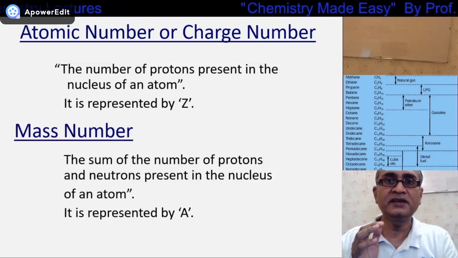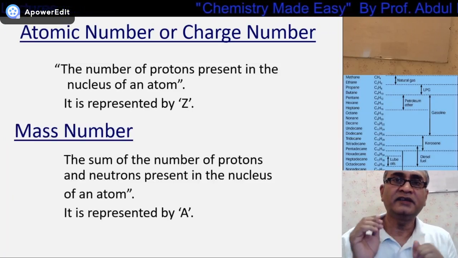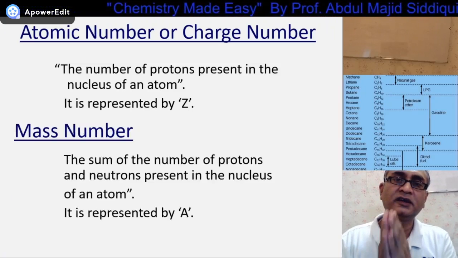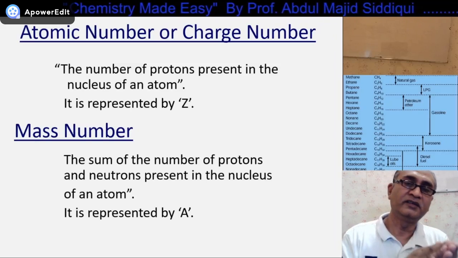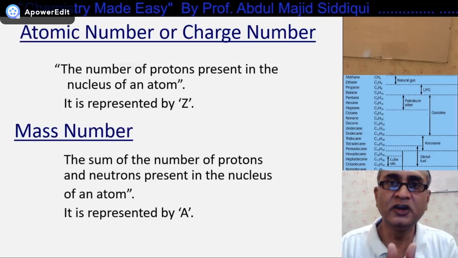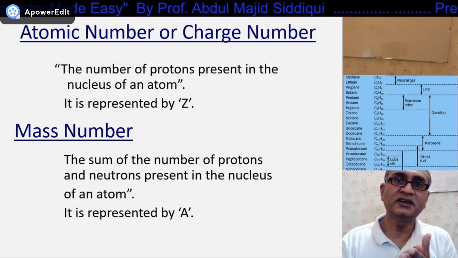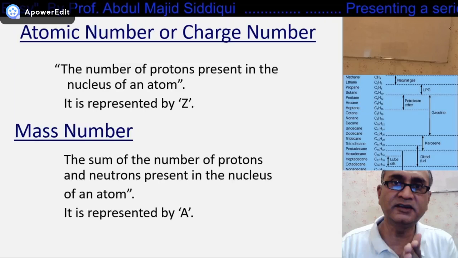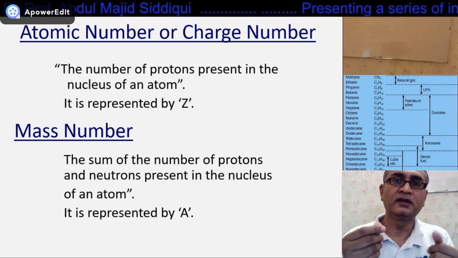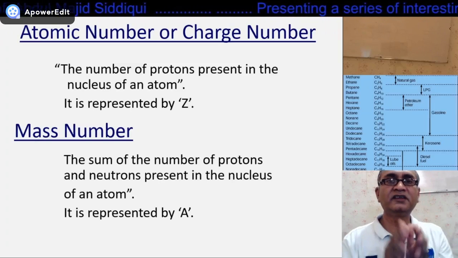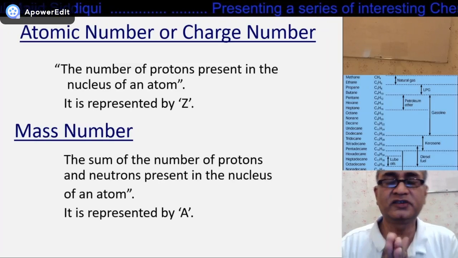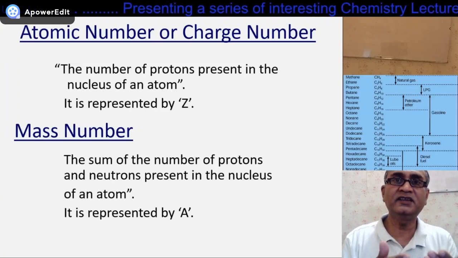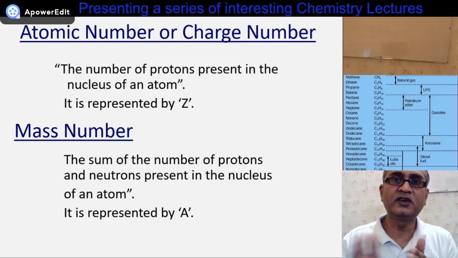Now another term. As I told you, protons and neutrons are present in the nucleus of an atom. They are called nucleons. If we add the protons and neutrons present in the nucleus, suppose there is an atom in which 6 protons and 7 neutrons are there, 6 plus 7 is 13.